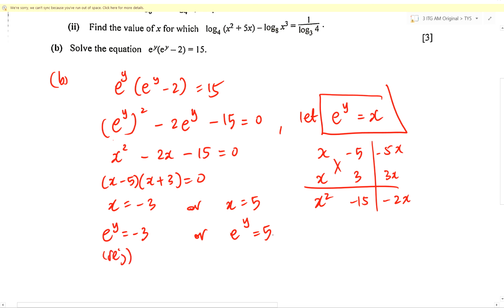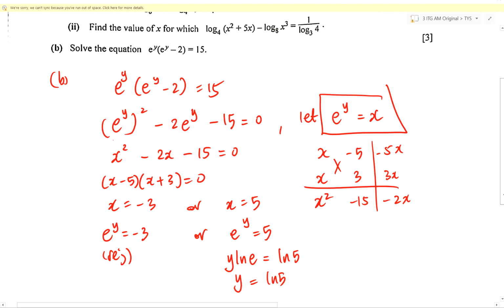Over here, e to the power y equals 5. Since the unknown is in a power, I need to either compare bases, which in this case you definitely cannot, change 5 to base e, or you take logarithms on both sides. The most convenient logarithm base will be e. So we have y ln e equals ln 5. y equals ln 5.